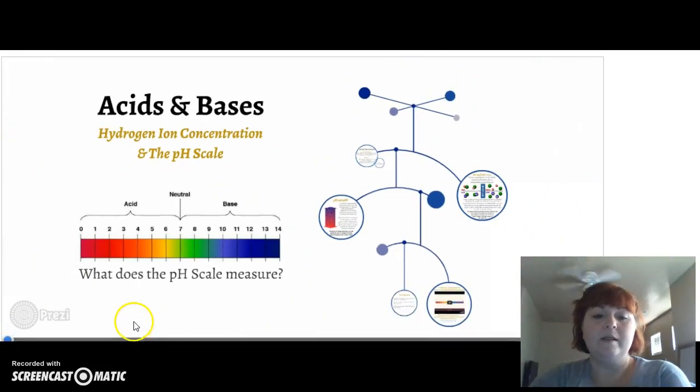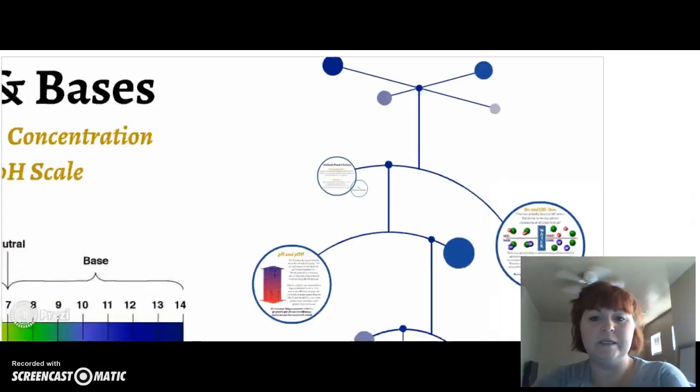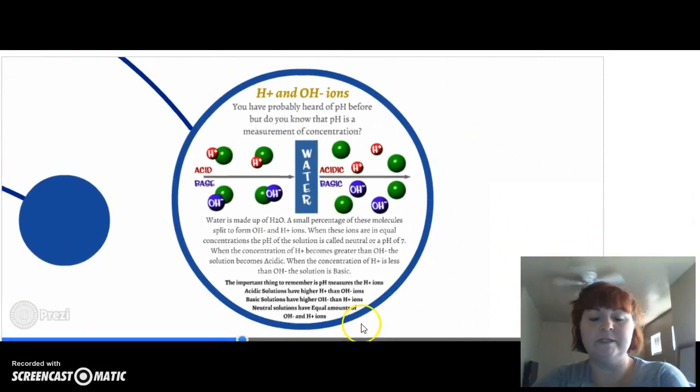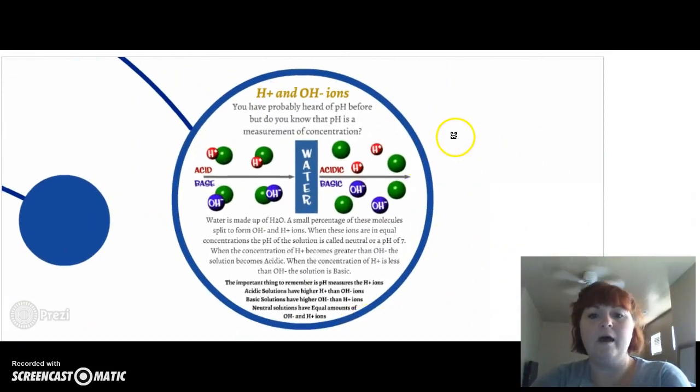So, let's ask the question, what does the pH scale actually measure? And we know it measures the acidity or basicity of a solution, but what does that actually mean in terms of the physicality of that solution? An acidic solution is going to have a higher concentration of hydrogen ions than of hydronium ions.